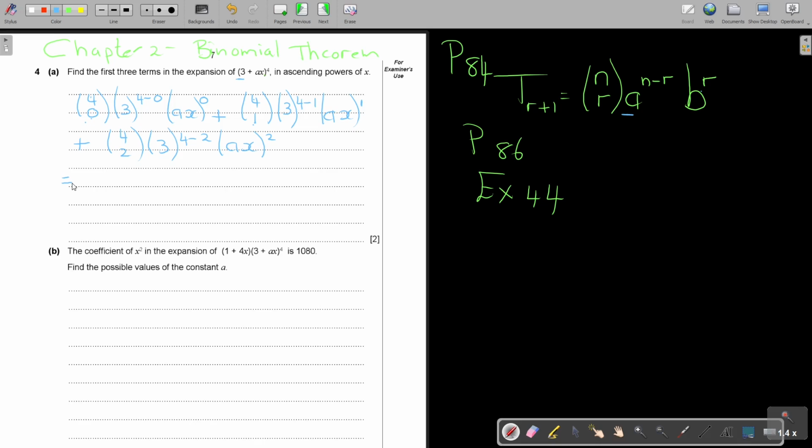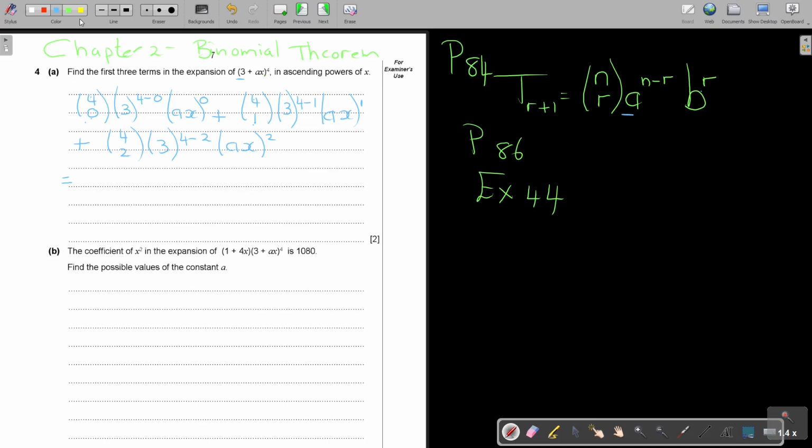Now, on your calculator, you will find a key, and the key is nCr. I just want to show you how to press it. I'm looking on my older calculator now.